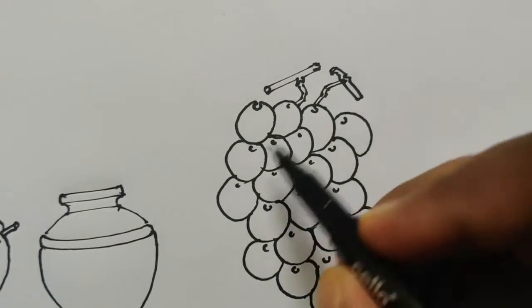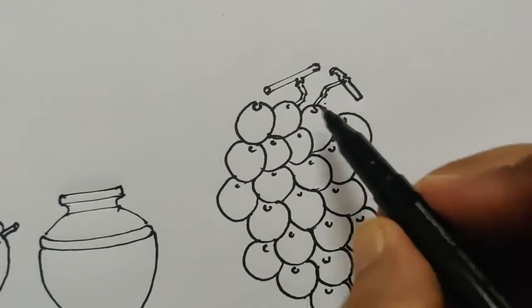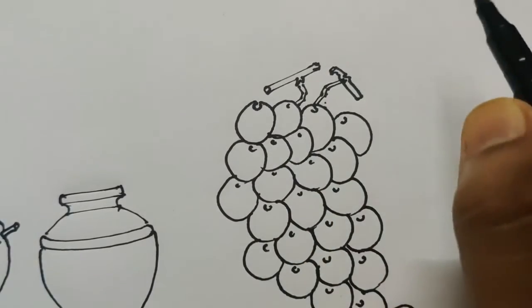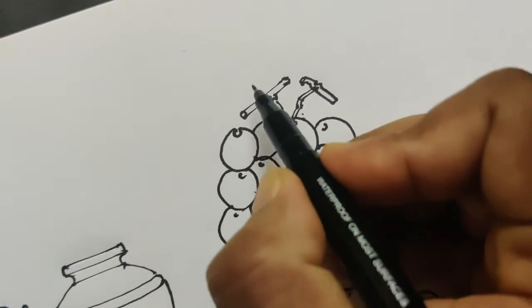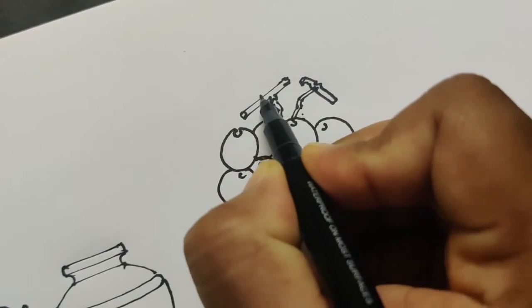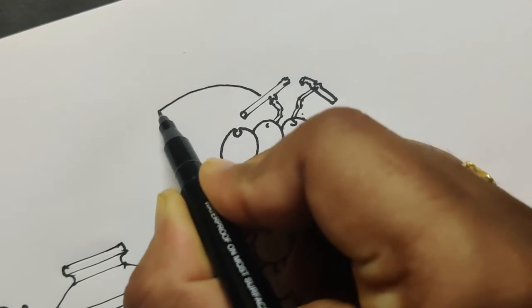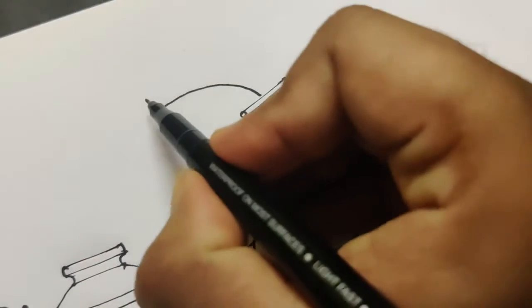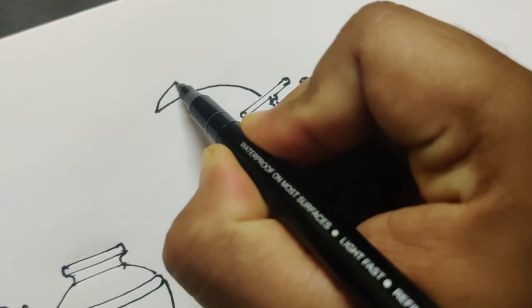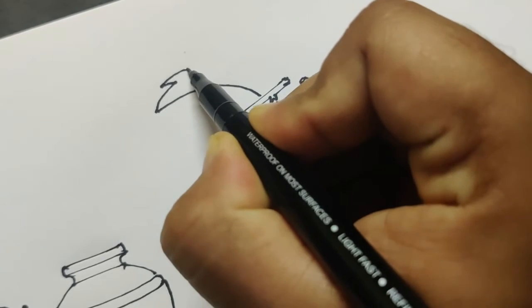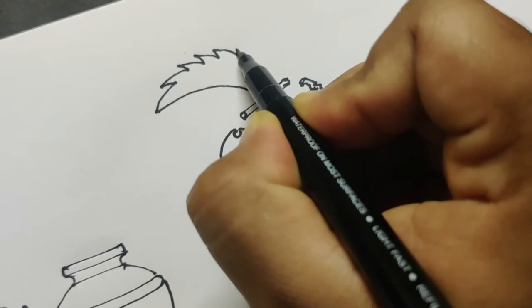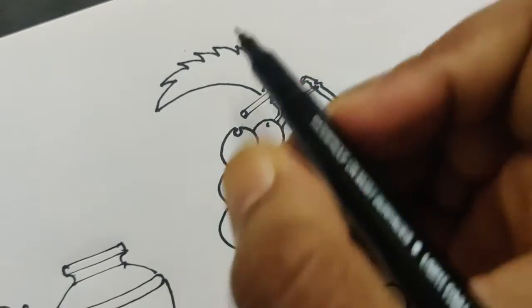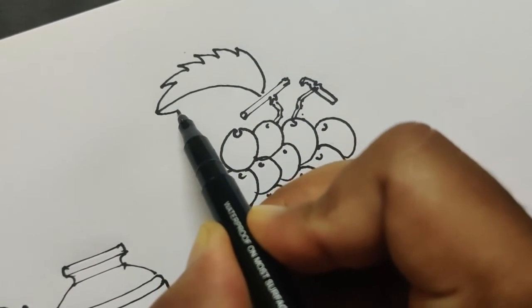And leaves, if we have done grapes we need leaves also. So similarly take one line, and grape leaves will be a little bit different and sharper than other fruit leaves.